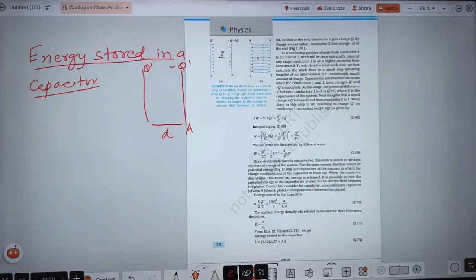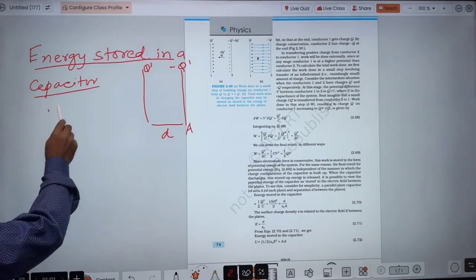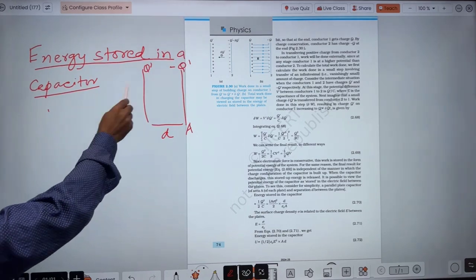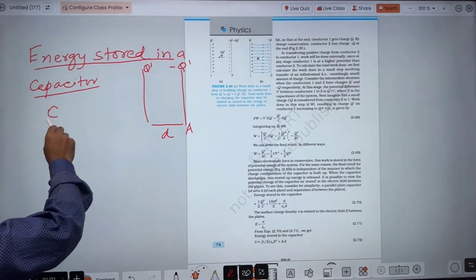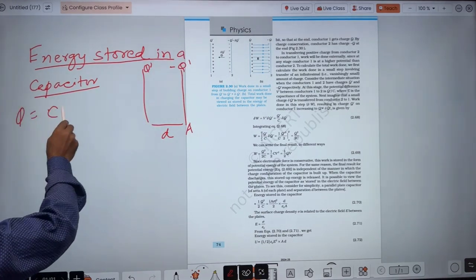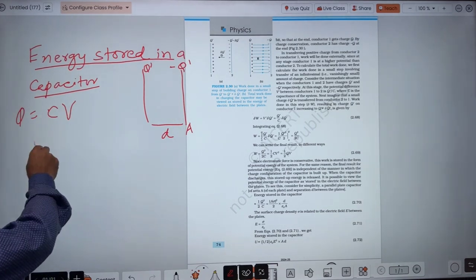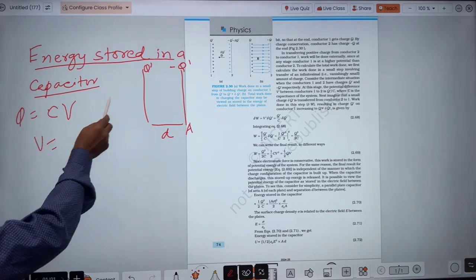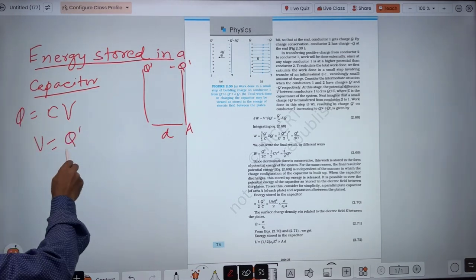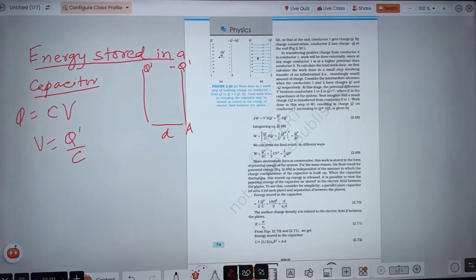Up to here, there is no problem. Now, first let the capacitance of this parallel plate capacitor be C. So you know Q equal to CV. Here, if we want to find out what voltage is there, so voltage V will be charge Q dash upon C. Up to here, I think thing is clear.